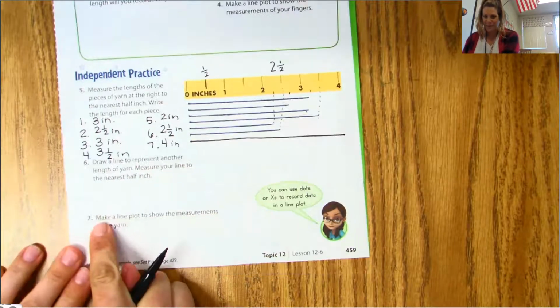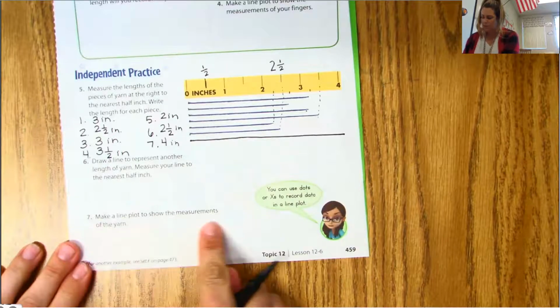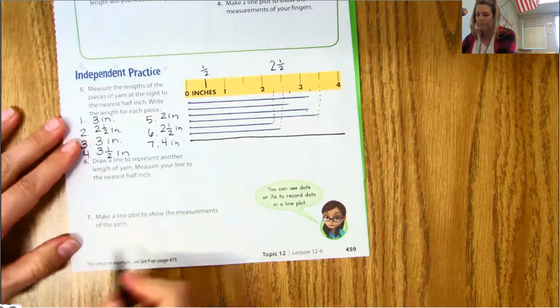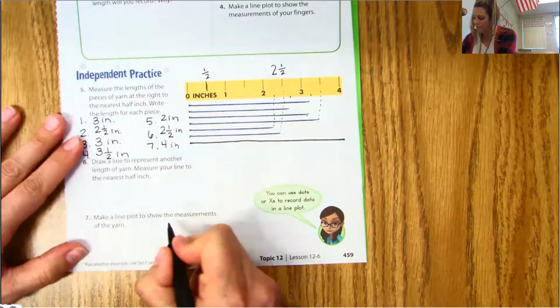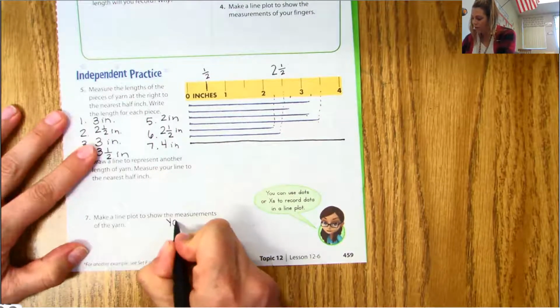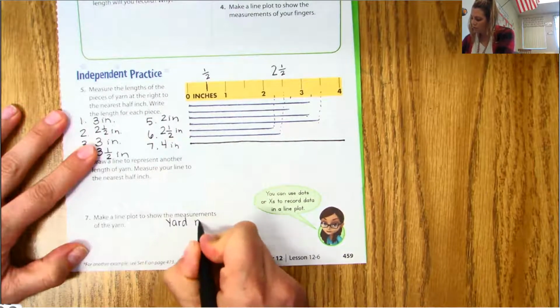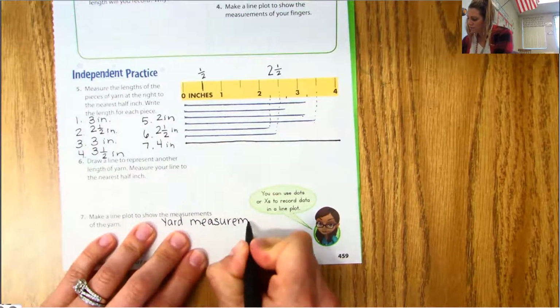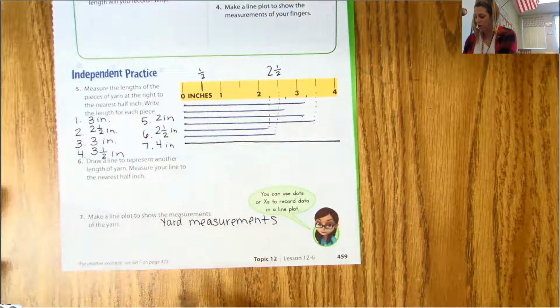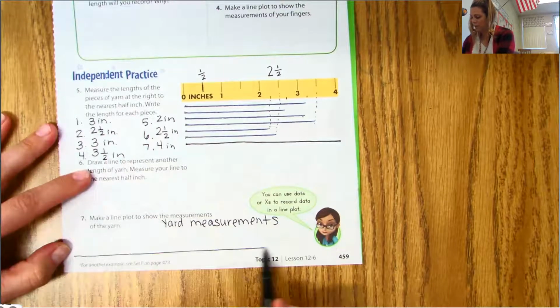Now, the fun part, make a line plot to show the measurements of yarn. All right, well, the first thing we need to do is make a title, right? Yarn measurements. Then we have to draw our line plot.